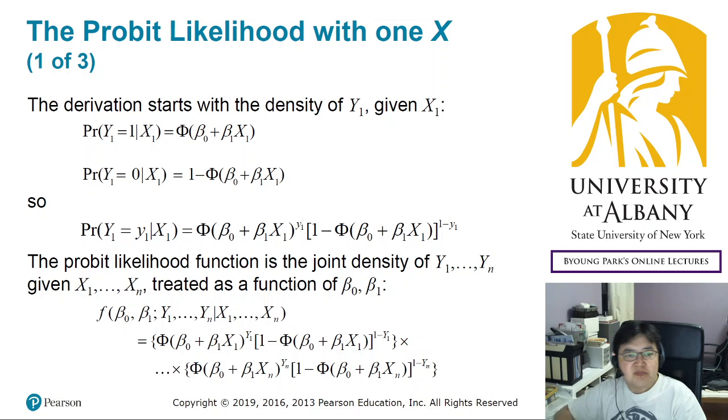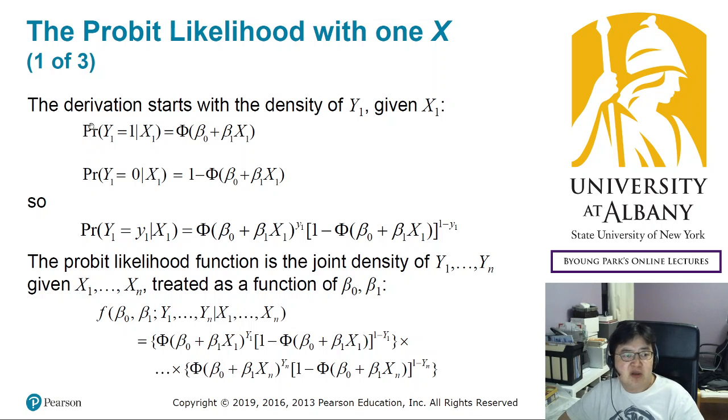And when you have a regressor and the probit model, the only difference is that the probability is calculated according to the model. The model specifies how the probability is calculated depending on x. So that's how we calculate the probability.